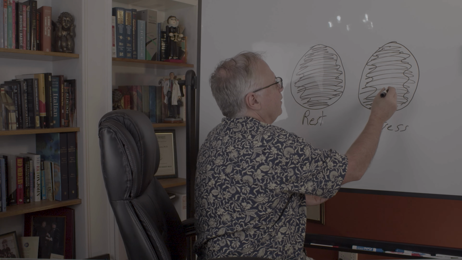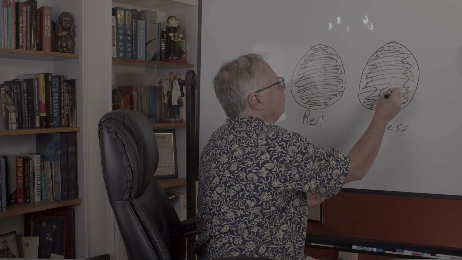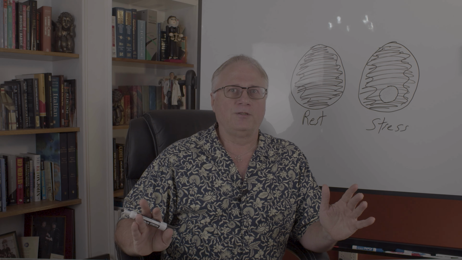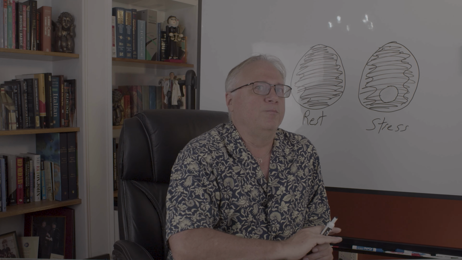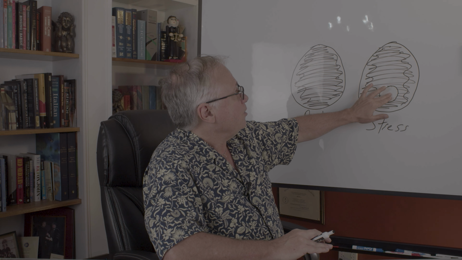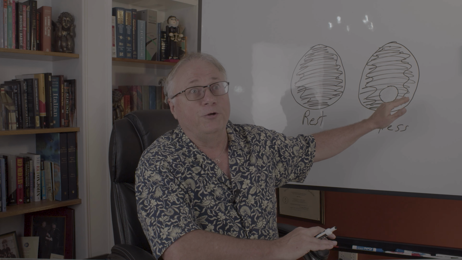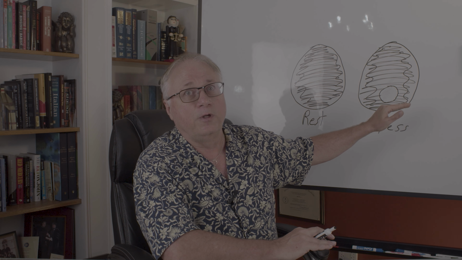So again, we have a defect here that was inducible. It was induced by stress. So that's an indication that you have coronary artery disease, poor blood flow to the heart.